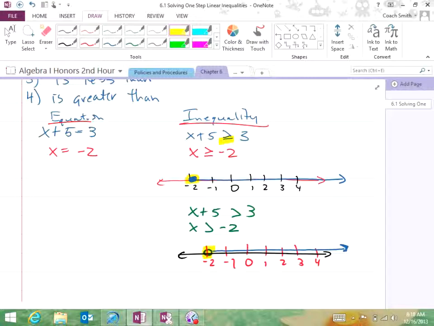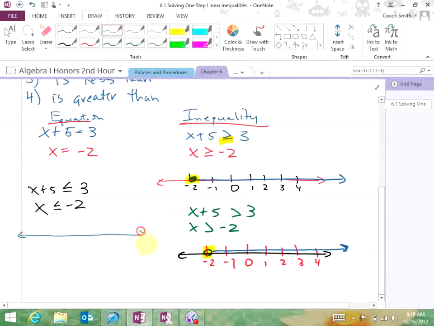If that had been x plus 5 is less than or equal to 3, that would be x is less than or equal to negative 2. Then how I would graph that solution would be that right there.